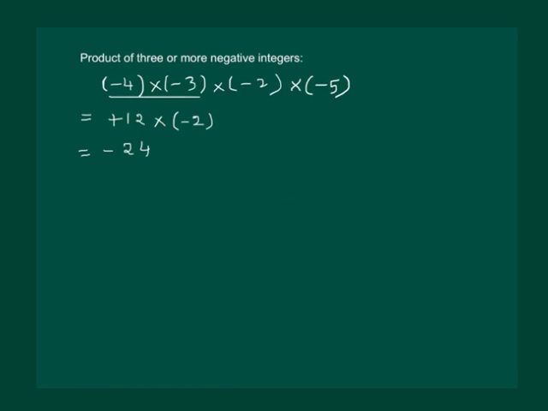We would have proceeded in the same manner, and after the second step, we would have been left with minus 24 into minus 5. Then again we would apply the rule for product of two negative integers and get 24 into 5 is 120 and a positive sign.